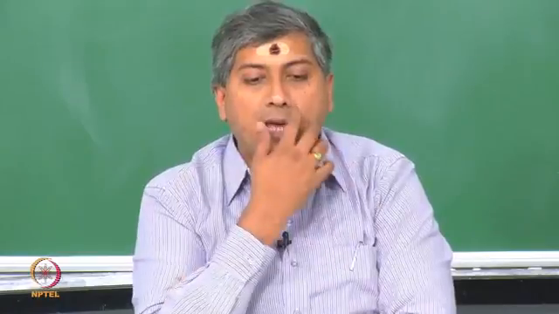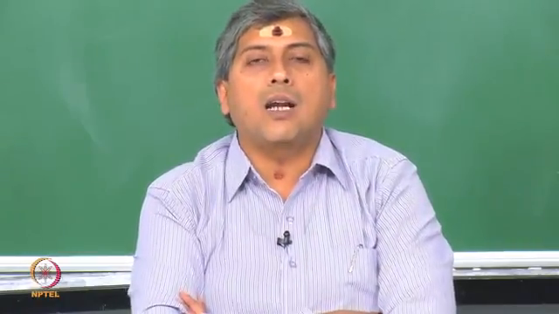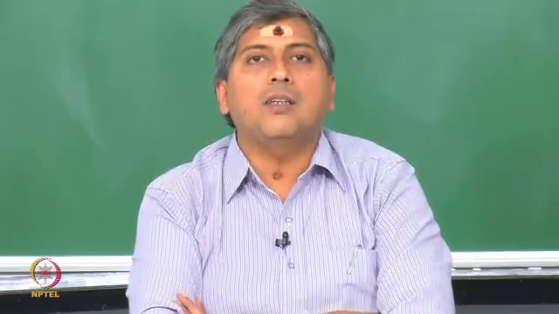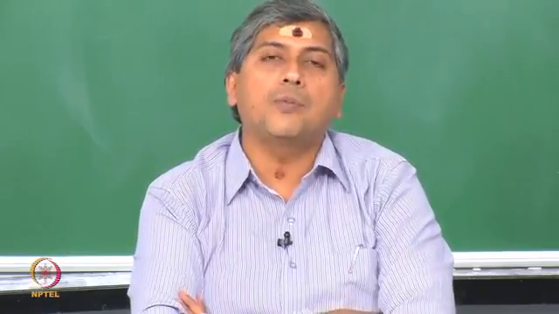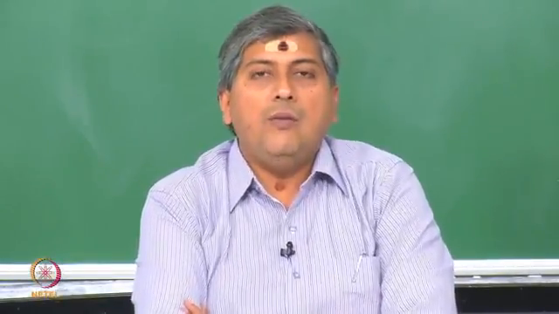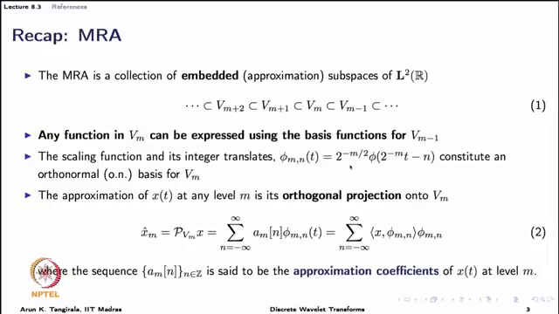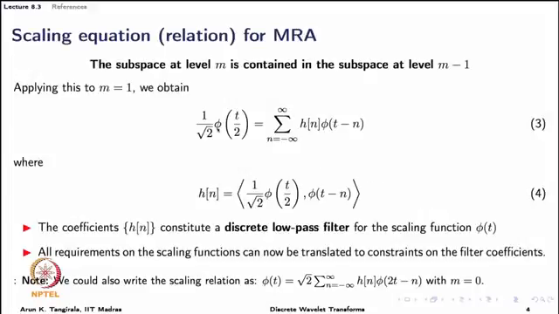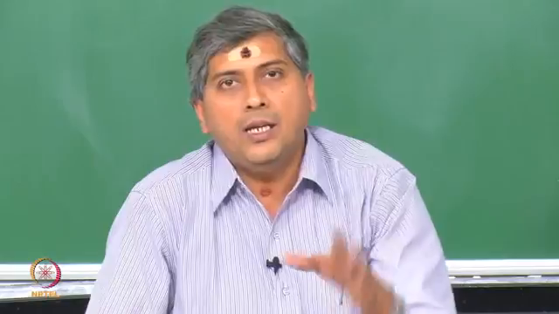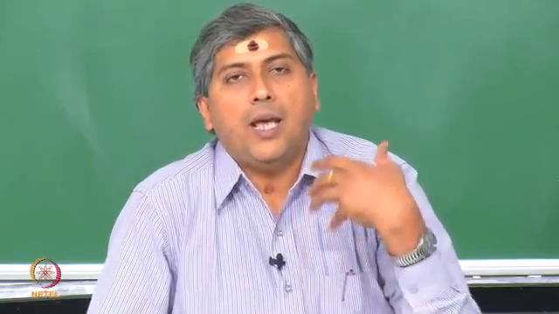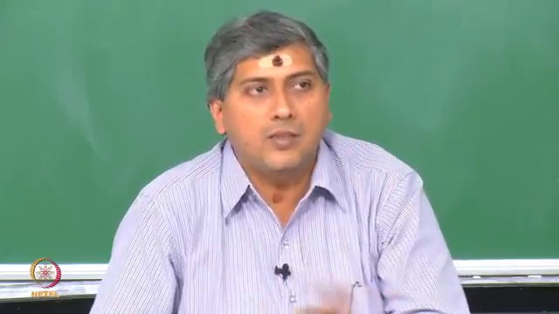So, if I choose m equals 1, then we can say V1 is contained in V0 and the basis functions that span V1 are phi subscript 1 of t and its translates. Phi 1 of t by definition, if you recall, is 1 over root 2 phi of t by 2, and then of course its translates. We can pick one basis function in V1 and rewrite what it means by saying V1 is contained in V0: as I had explained earlier, any function in V1 can be expressed as a linear combination of the basis functions in V naught.